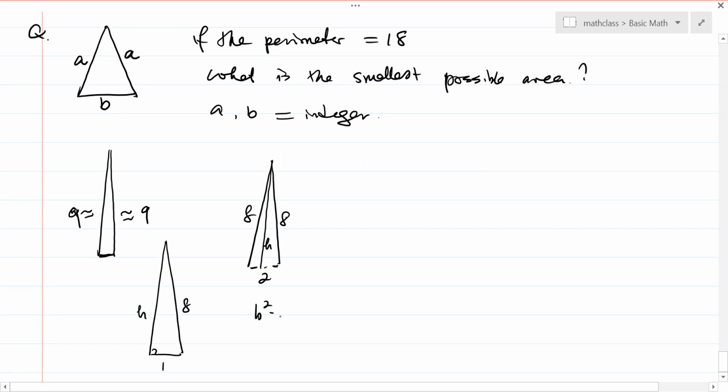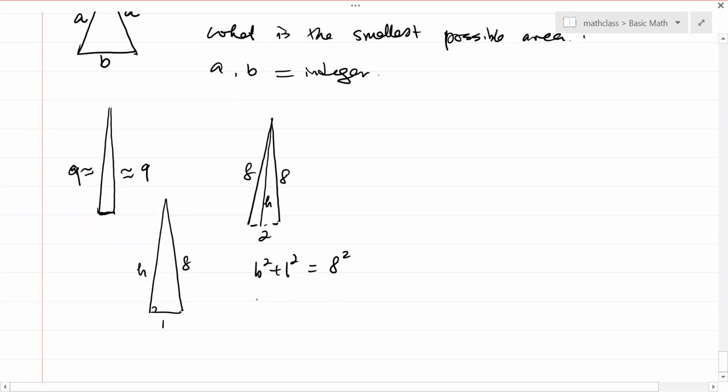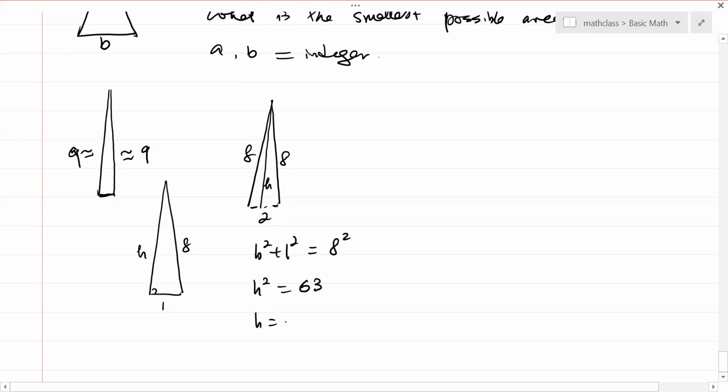So h squared plus 1 squared is going to be 8 squared. So h squared is going to be 63, so h is the square root of 63. 63 is 7 times 9, so it's 3 times the square root of 7.